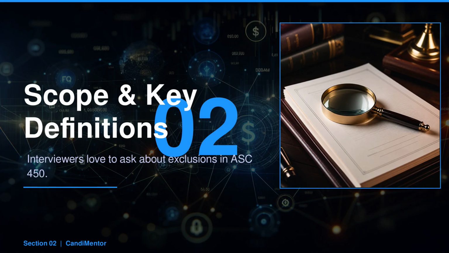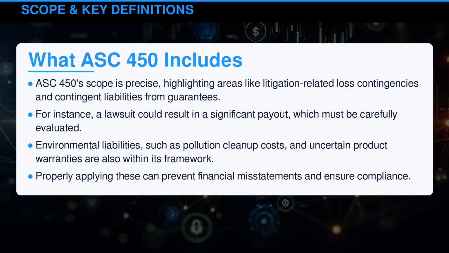Understanding what ASC 450 covers is critical, especially when candidates often forget that remote contingencies aren't included. That's a classic interview trap. Knowing what is and isn't covered can save businesses from financial misstatements and help you ace those interview questions. ASC 450's scope is precise, highlighting areas like litigation-related loss contingencies and contingent liabilities from guarantees.